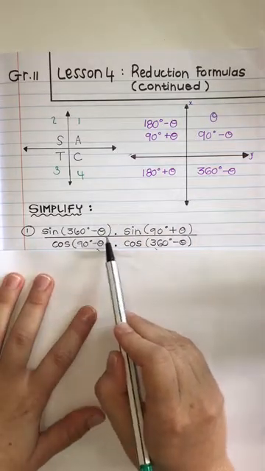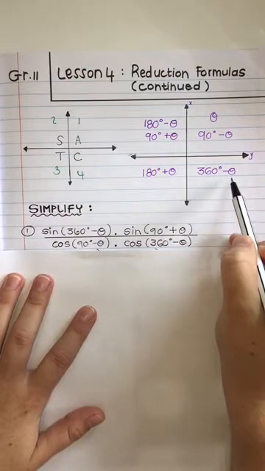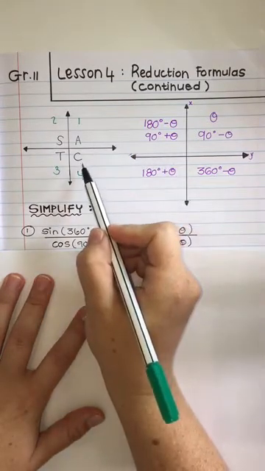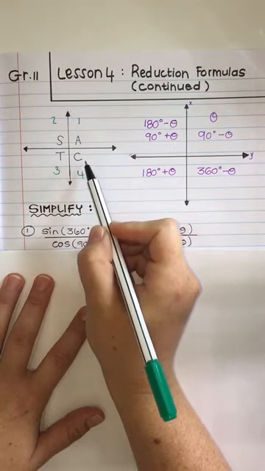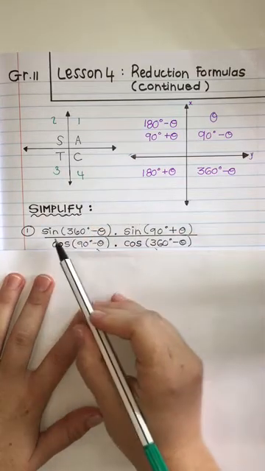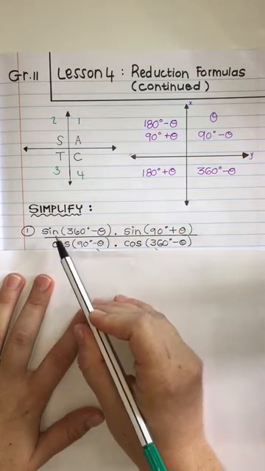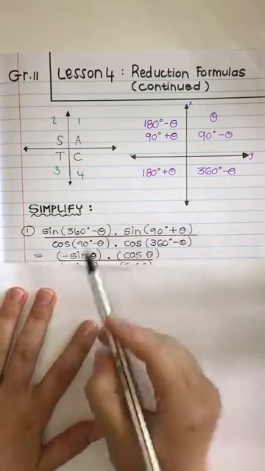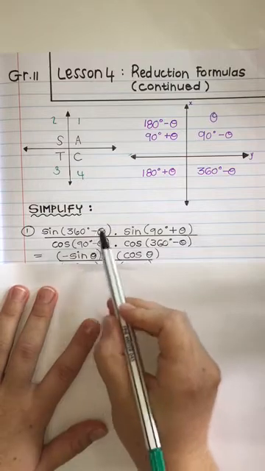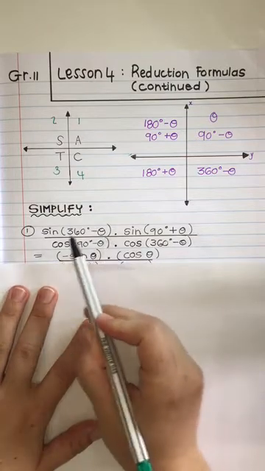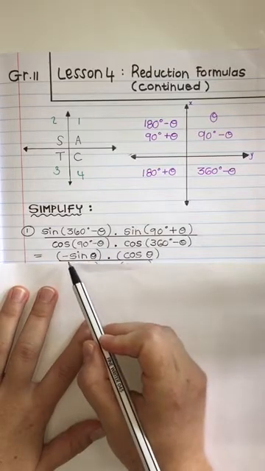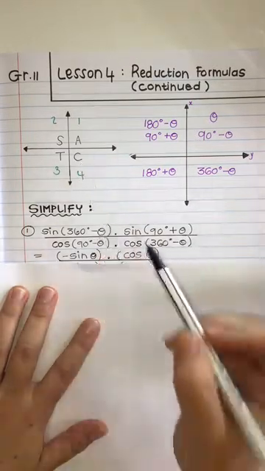Sine of 360 minus theta falls in that quadrant. And in the fourth quadrant, sine is negative because only cos is positive. So this one is going to be negative sine theta. Do you see? Because in that reduction formula, sine stays sine, but it is negative because it's in the fourth quadrant.